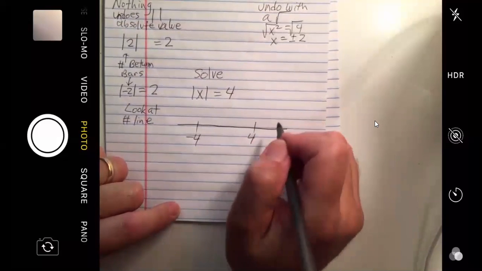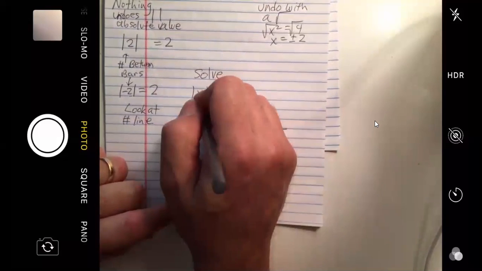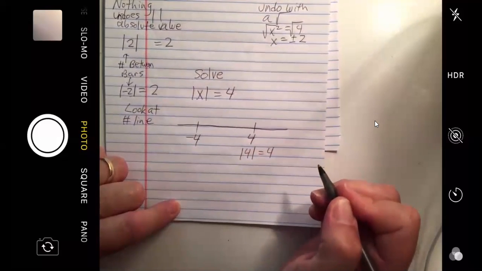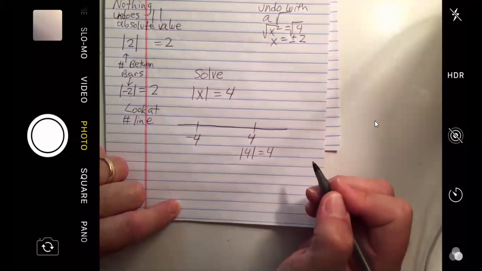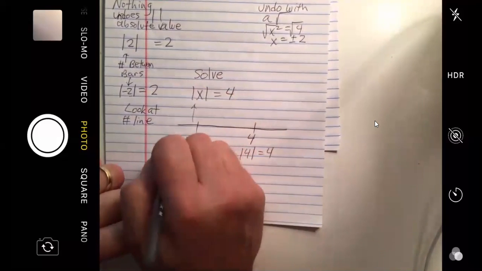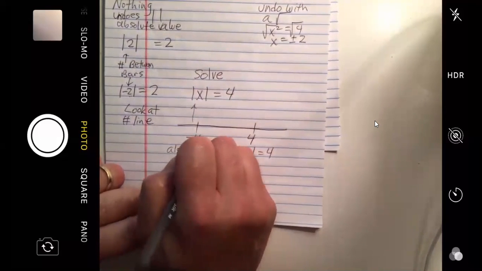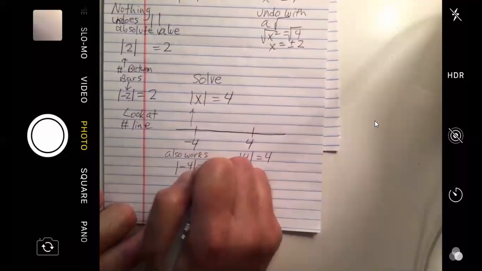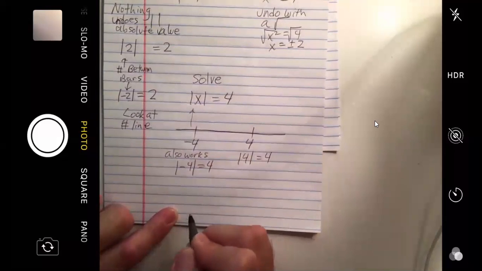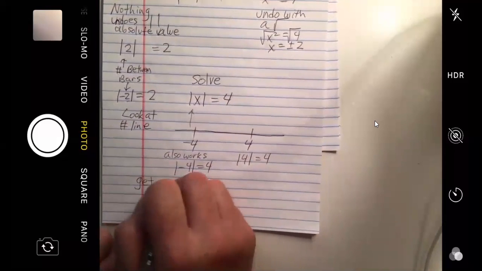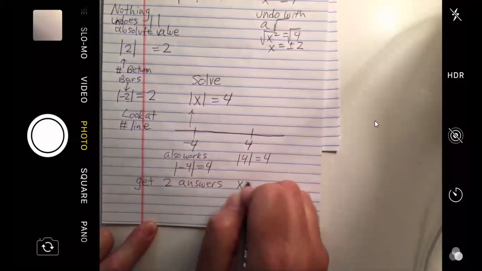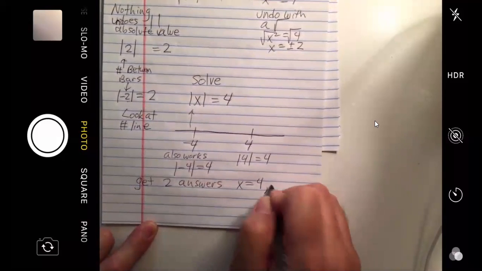If I put a 4 in here, absolute value of 4 is 4. But this also works. Absolute value of negative 4 is also 4. So you get 2 answers: x equals 4 and negative 4.